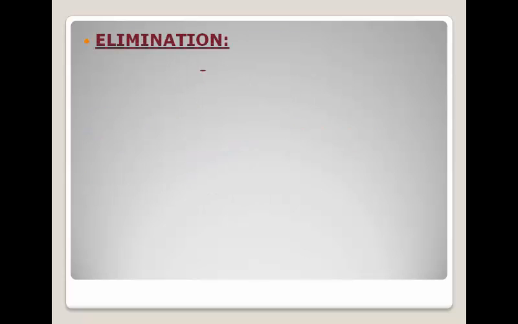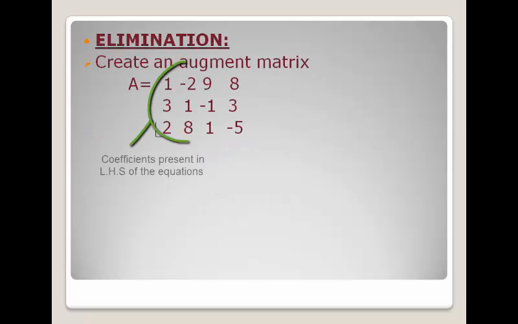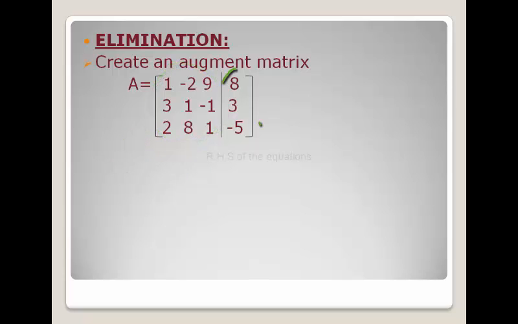Now let's go back to the augment matrix. Just see the first row having 1, -2 and 9. Those are the coefficients of the variables, and the last column of the first row contains 8, that is the right hand side of our equation.